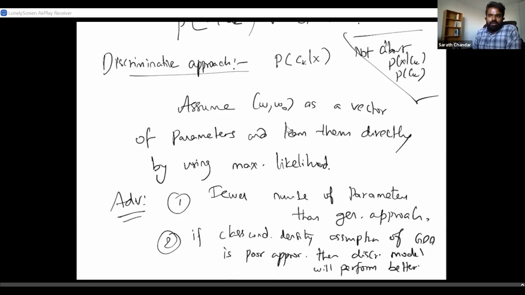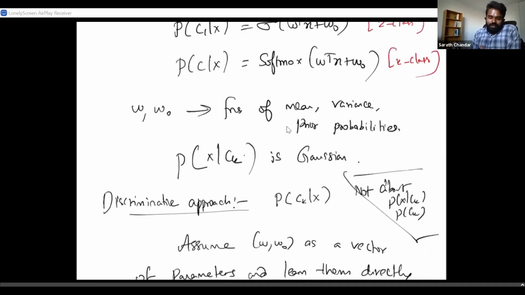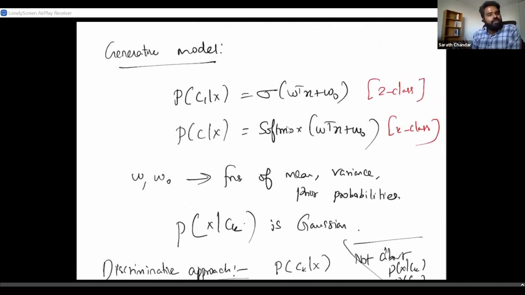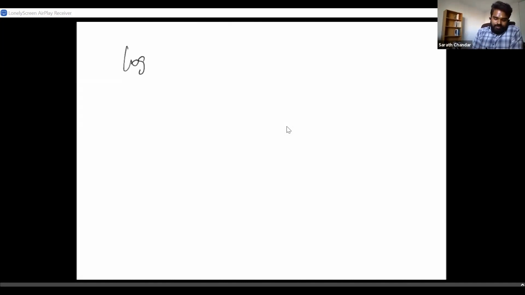Now this idea of taking the sigmoid formulation or softmax formulation, throwing away all the assumptions, and directly learning W and W0 is known as logistic regression.